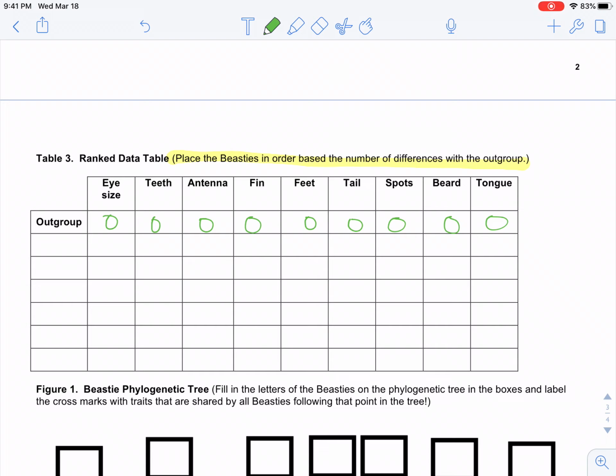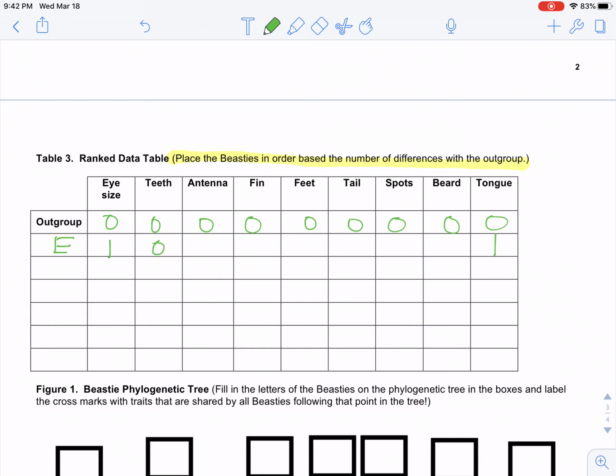So looking at all of these similarities and differences, if you check those out for a second, when you do this, you will see that actually the organism that is most similar to the outgroup is organism E. And that is going to be given to you so you can use this to classify the rest of them. I will tell you that if you do this right, E is only going to have eye size and tongue that are actually different than the outgroup.